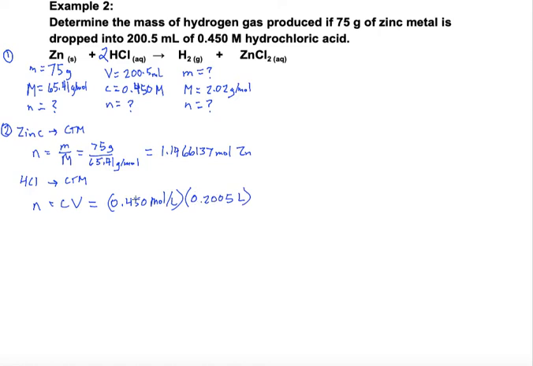Remember, in our concentration calculation, we always need our volume to be liters. So because they gave it to us in mL, I've converted it to liters for my calculation. And once I do the math there, I'm going to end up with 0.0902225 moles HCl. So there's how many moles I've got of each substance.